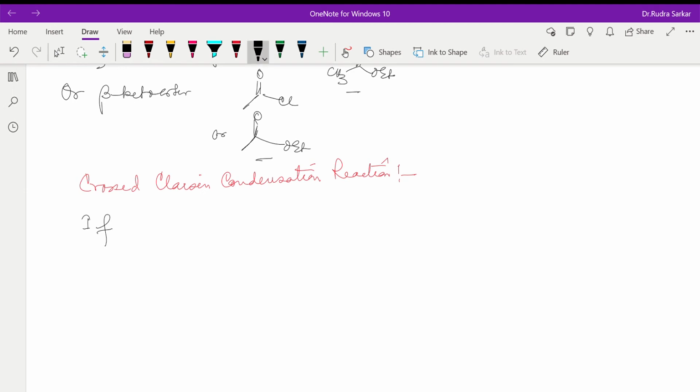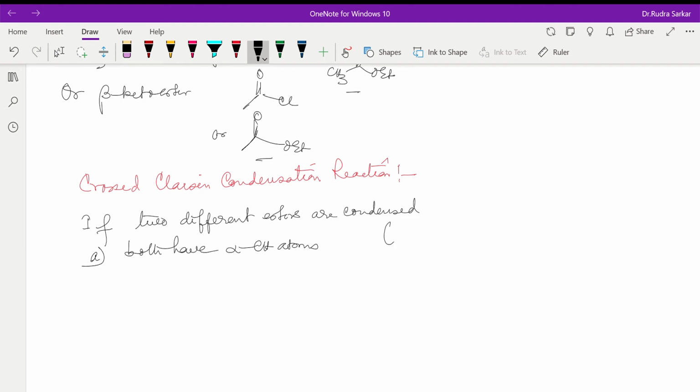If two different esters are condensed, there can be two conditions. A, both have alpha CH atoms, then we will get four possible products.